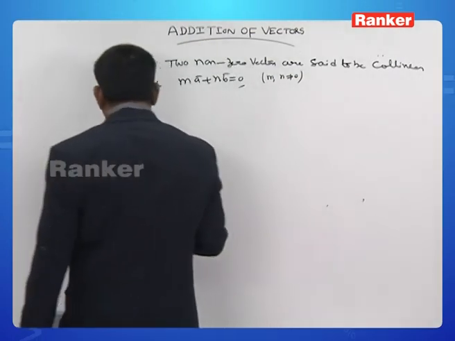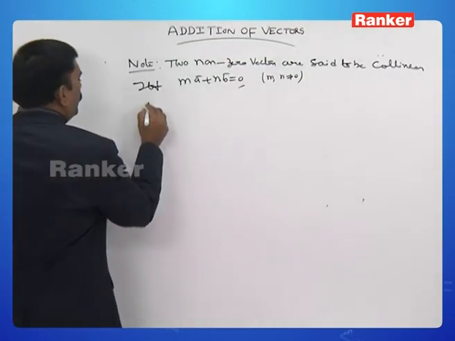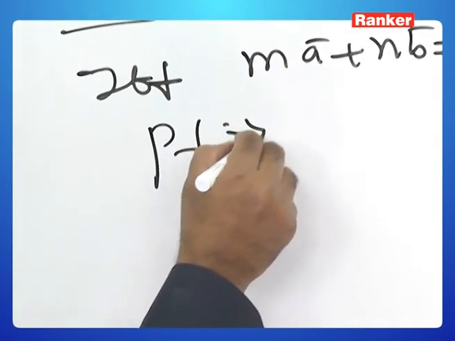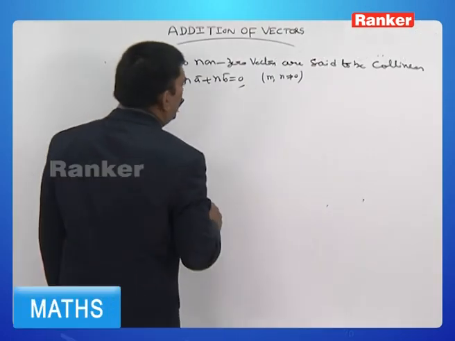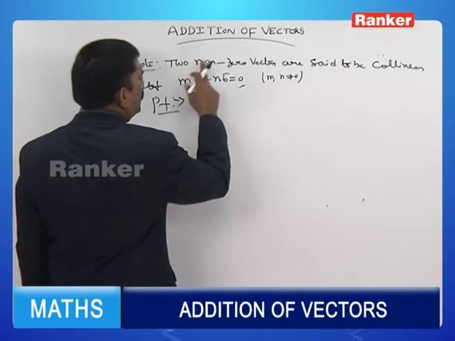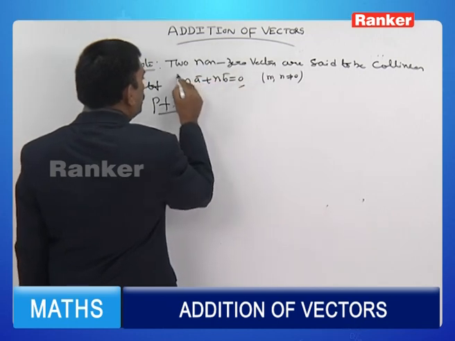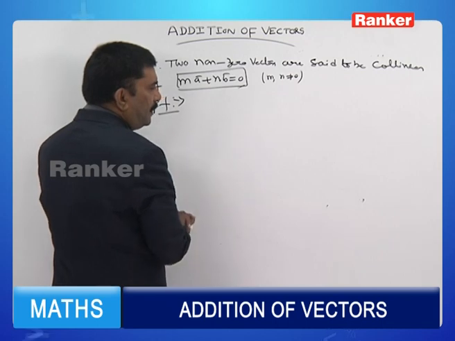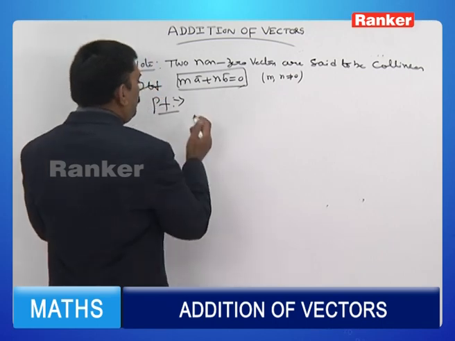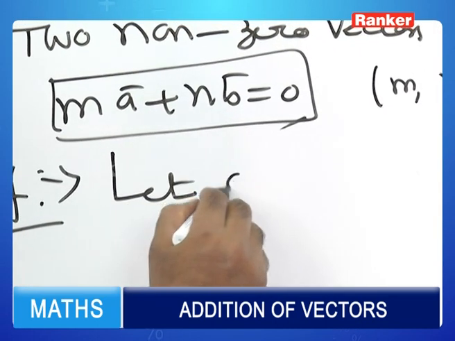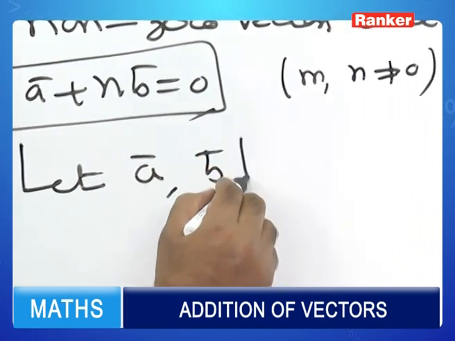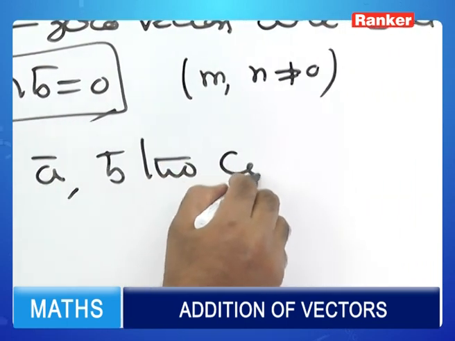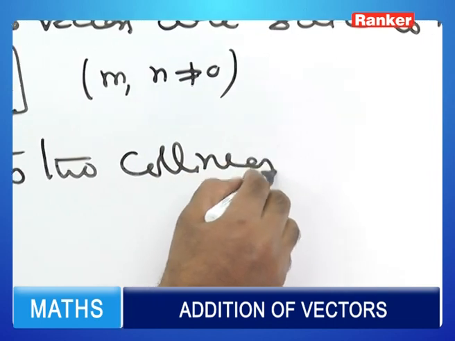How, sir? The proof of this one is: when any two non-zero vectors are said to be collinear, we can also write m·A bar plus n·B bar. Let A bar, B bar be two collinear vectors.